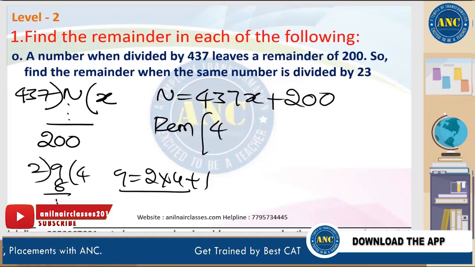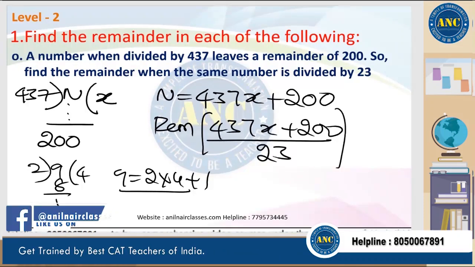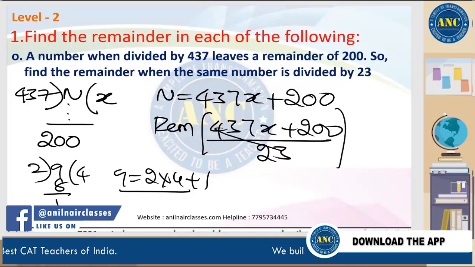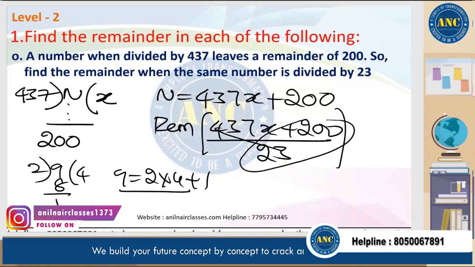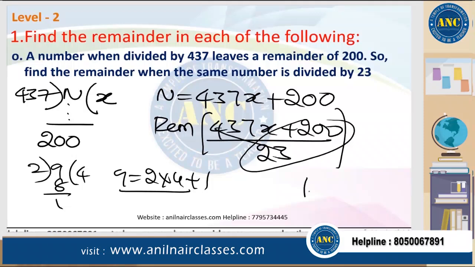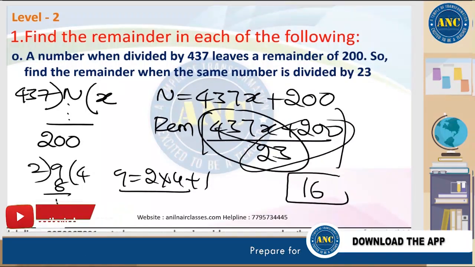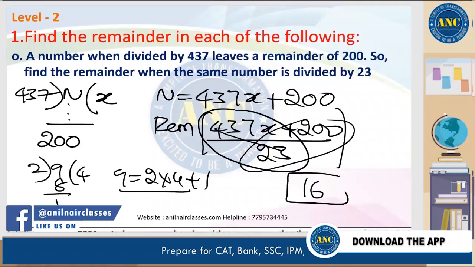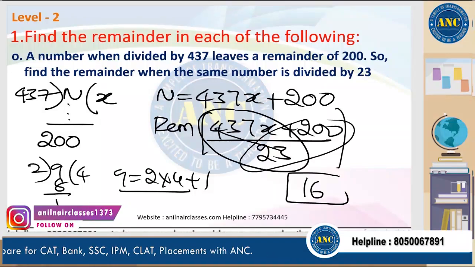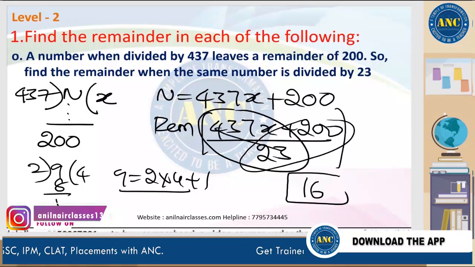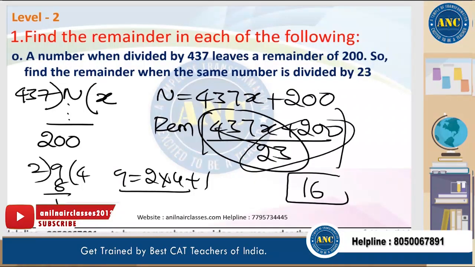Now the remainder when 437x plus 200 is divided by 23: 437 divided by 23, 23 1s are 23, 23 9s are 207, so this entire part is divisible by 23. 200 divided by 23: 23 8s are 184, so the remainder is 16. Idea clear, right?